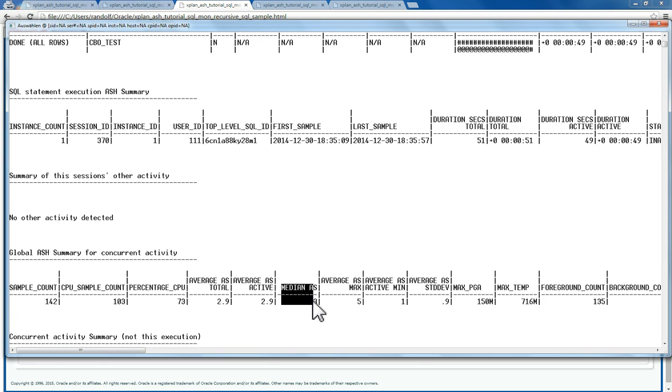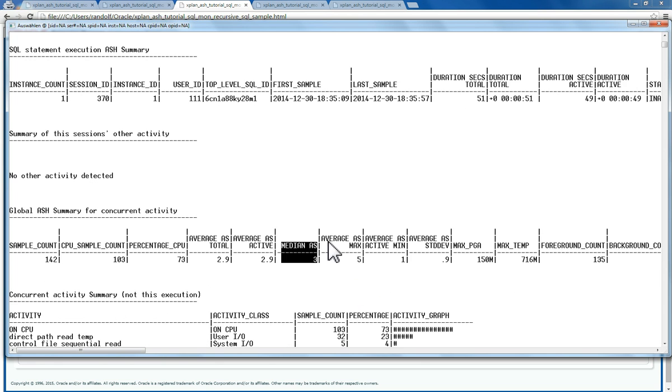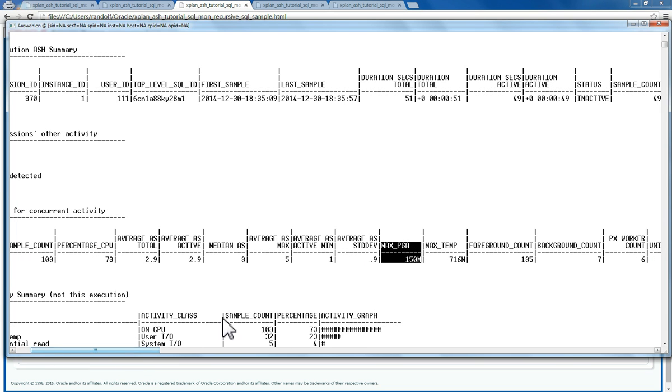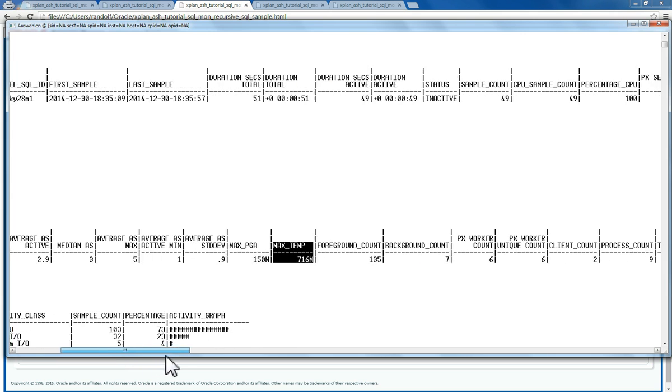The median value of the average active sessions was 3, and the maximum number of other sessions concurrently active found in these samples was 5, the minimum 1. And as I already said, you see here the maximum PGA allocated found in these samples if it's 11.2 or later, and the maximum temp allocation found in these samples.